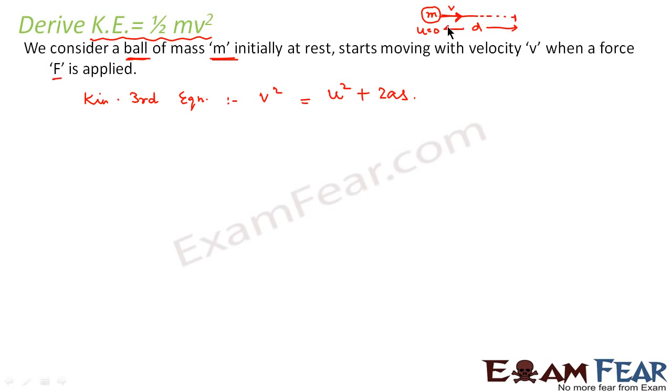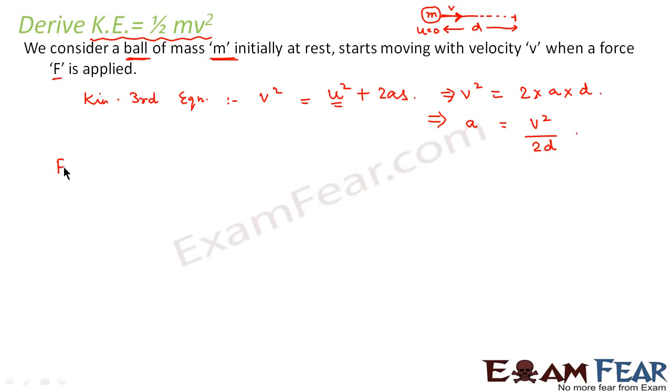So v square will be equal to 0 plus 2 into a into d. From here we get a is equal to v square divided by 2d. So this would be the acceleration in terms of velocity and the displacement.